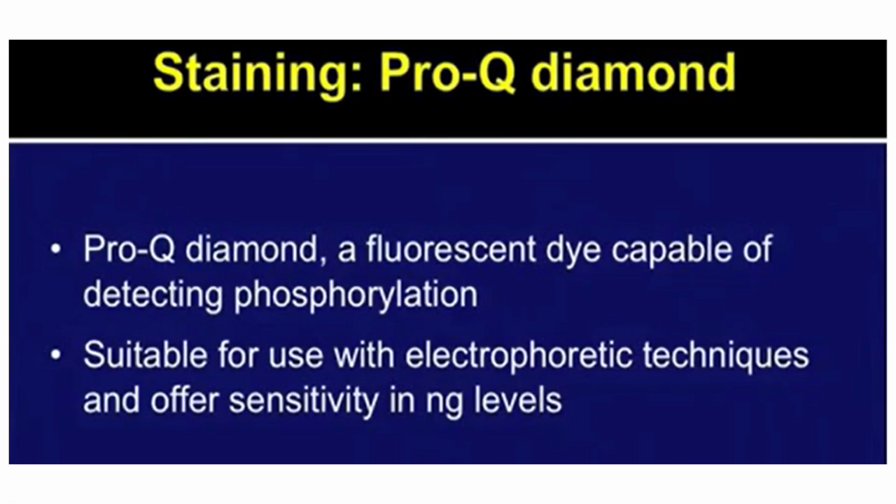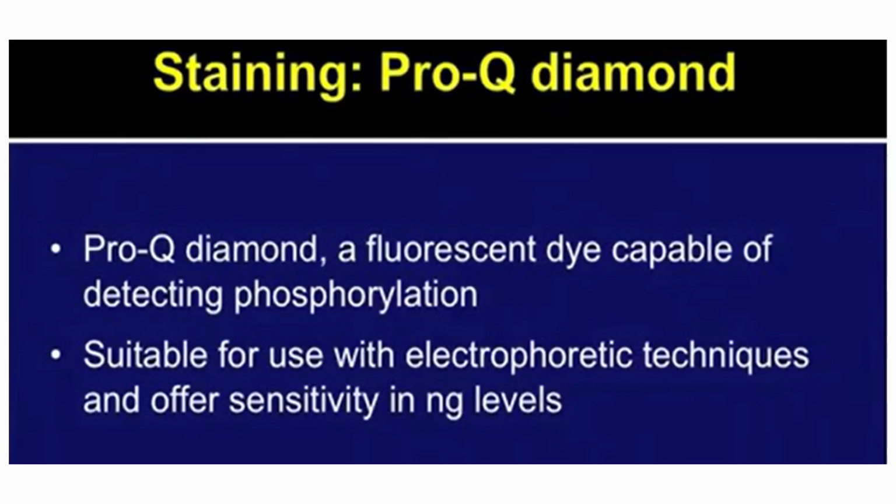There is one specific staining technique which is called ProQ Diamond dye, which is a fluorescent dye again. So there are two fluorescent dyes we are discussing. One is Ruby and one is ProQ. This specific stain can also detect phosphorylation, the post-translation modification which we talked about in the earlier slides.